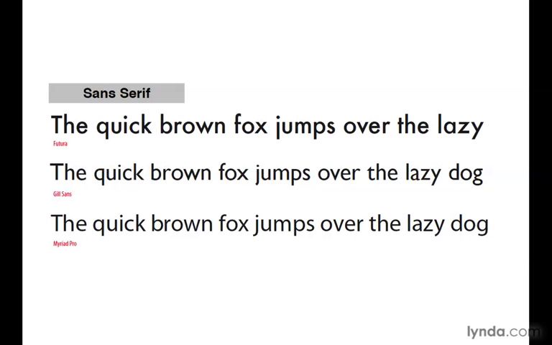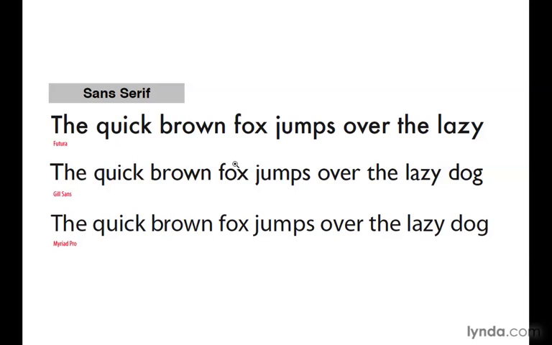Getting closer to the present day, we have the sans serifs, which first became used in the early 19th century but did not become popular until the early 20th century, with art movements like Bauhaus, Constructivism, and De Stijl. Sans serifs can be broken down into distinct categories, but here I'm taking them all as one, and we have things like Futura, Gill Sans, and the contemporary Myriad Pro.